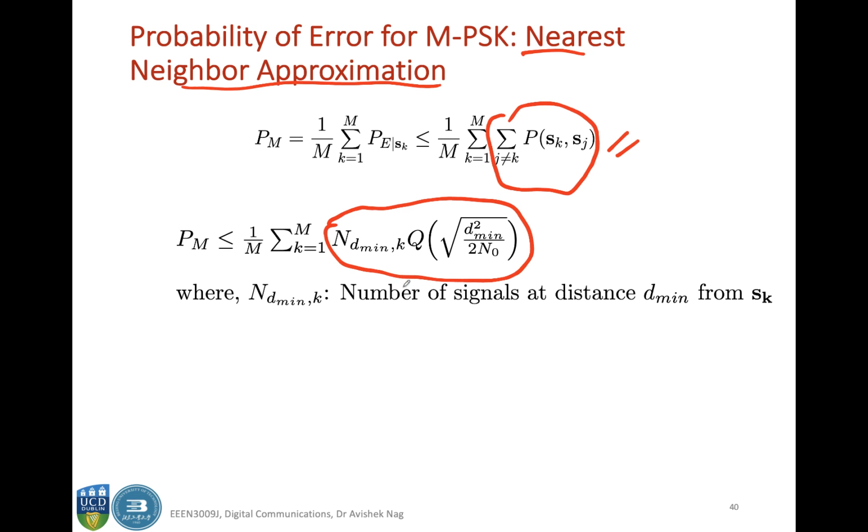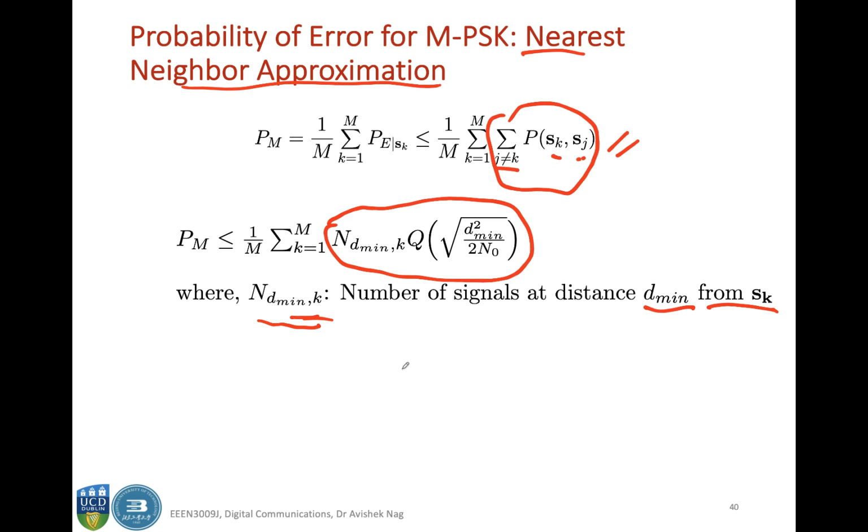This part says that you can replace the sum of these pairwise probabilities with a term N d min comma k times the Q function of the square root of d min square over twice N0. And N d min k is basically the number of signals at a distance d min from Sk.